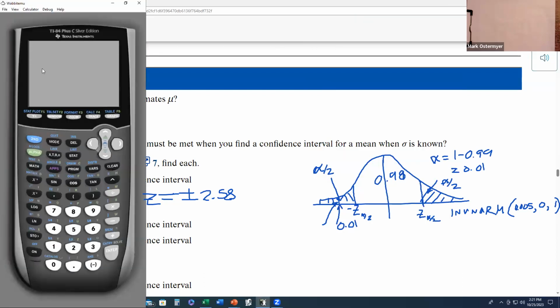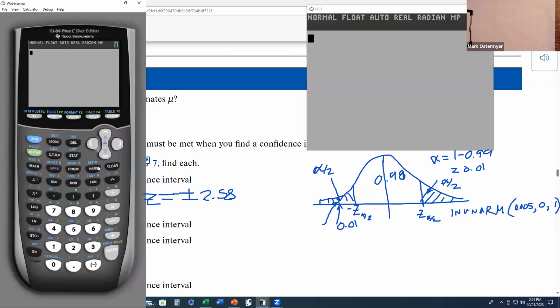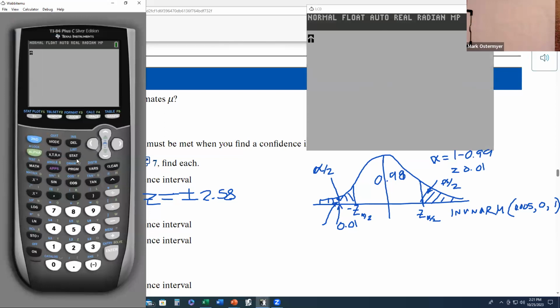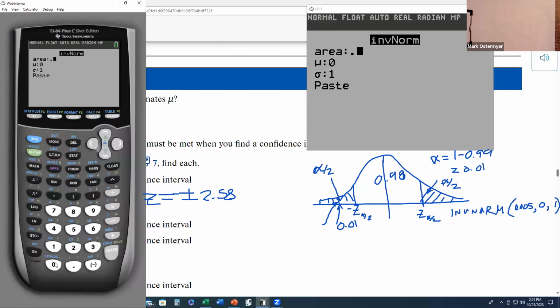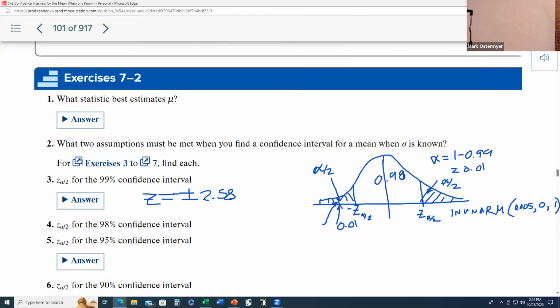For a 98% confidence interval, what would be our critical Z values? Type in 0.01, and you get negative 2.33. Those would be your critical Z values for a 98% confidence interval, negative and positive 2.33.